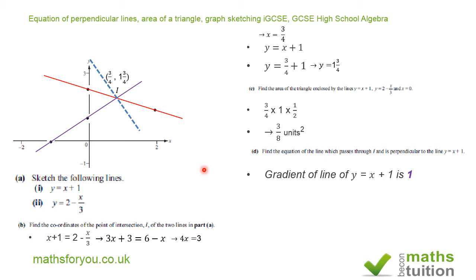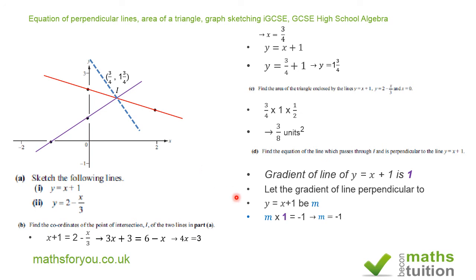If we assume that the gradient of the blue dotted line is m, we know that the product of the gradients of two lines perpendicular to each other is -1. So if we do m times 1, that gives us -1. That means that m is equal to -1. So the gradient of the line perpendicular to y is equal to x plus 1 in this case is -1.